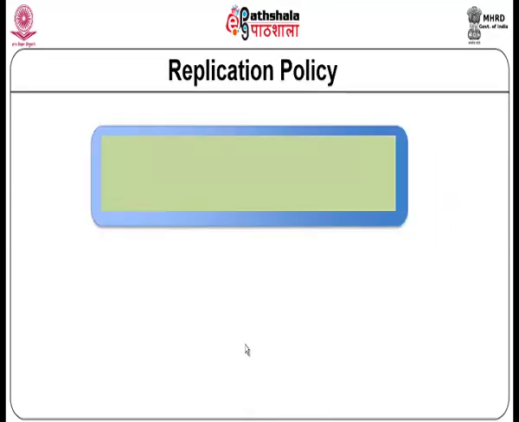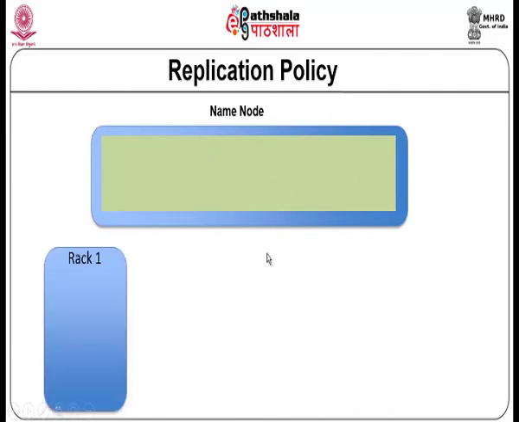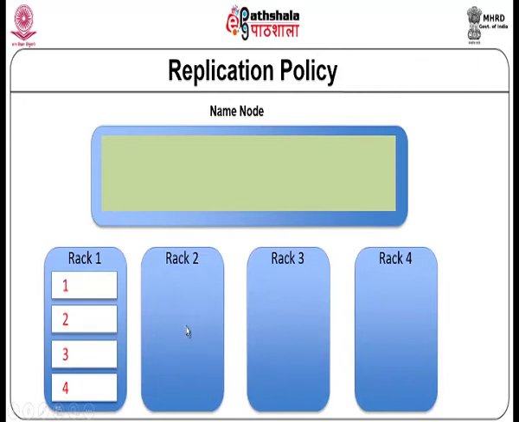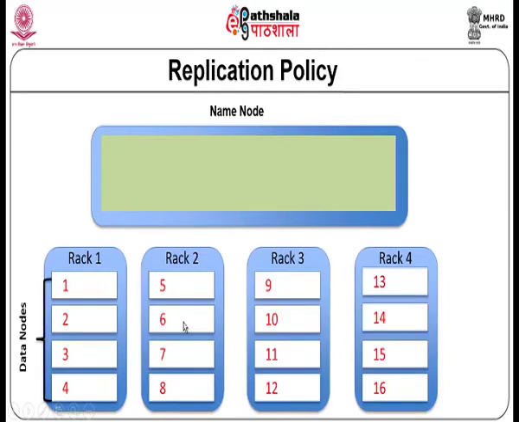What is the replication policy? The replication policy works like this. This is our name node, and these are the racks, and the white ones are the data nodes. We have one name node and there are 4 racks in this example, and a total of 16 data nodes.